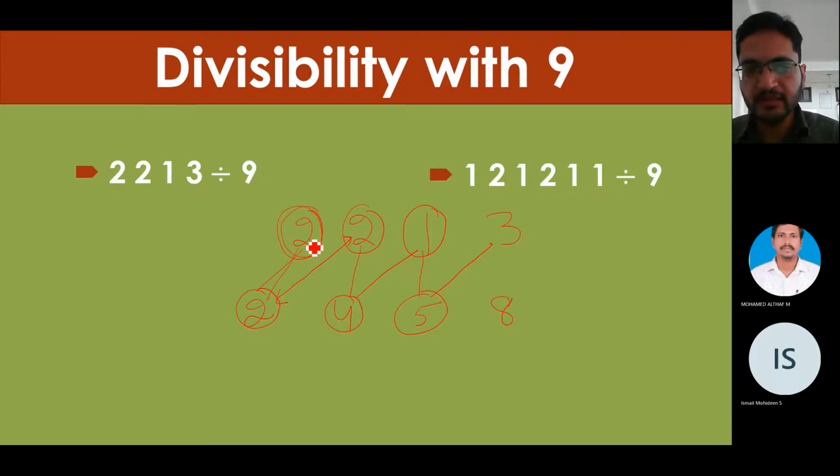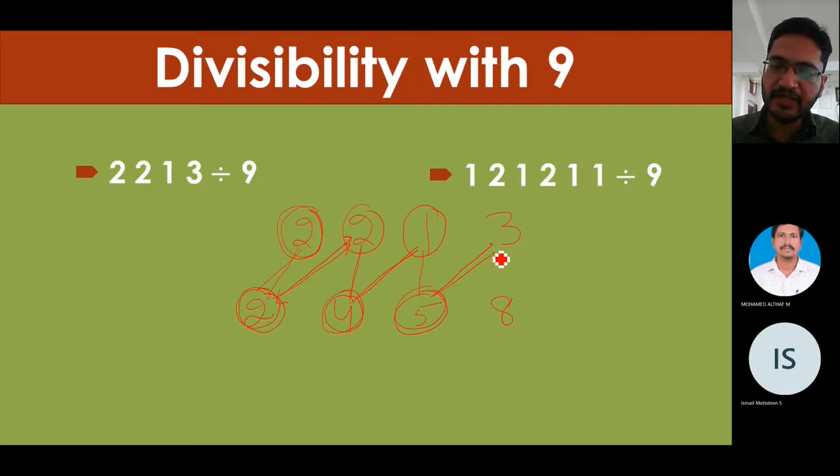Now I am repeating, whatever the number is, I write here as it is, 2. In the next step, I add this number. 2 plus 2, that is 4. So I write here 4. In the next step, I will add 4 into 1. 4 plus 1, that is 5.